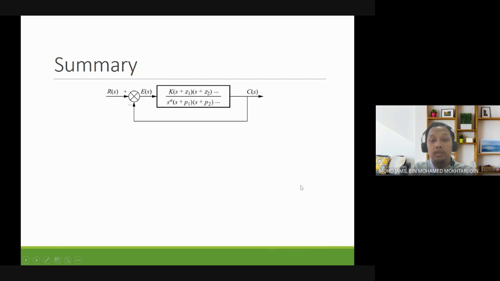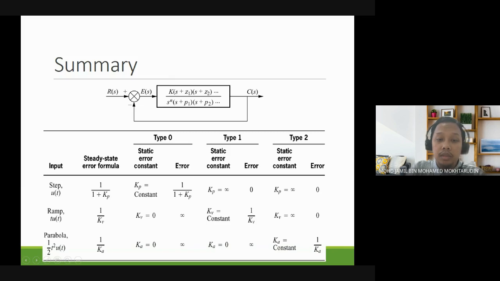So to summarize all this, for a type 0 system, a unit step input will produce an error. For type 1 system, 0 error for step input, and also type 2 system.